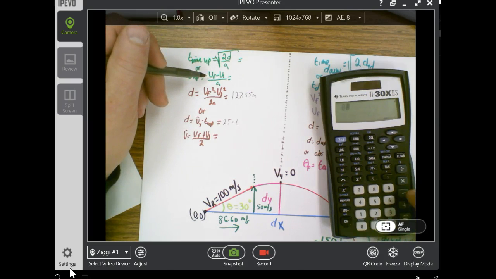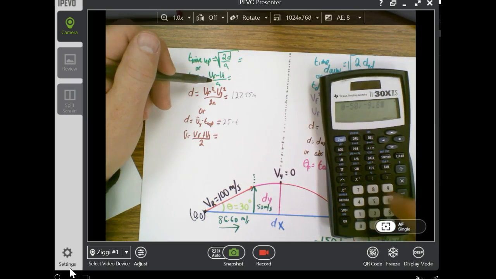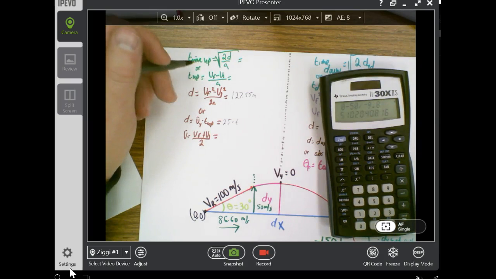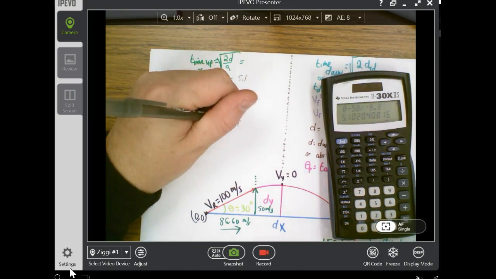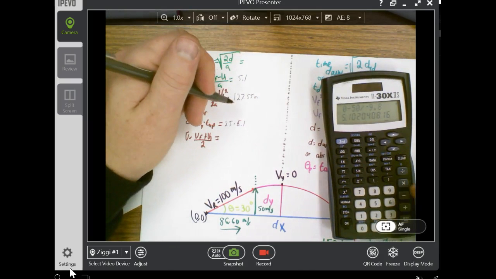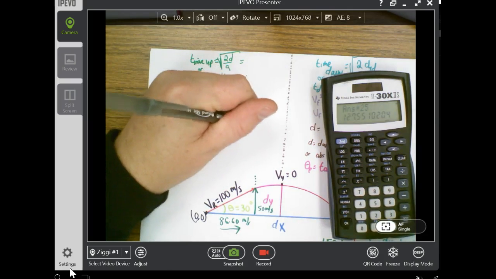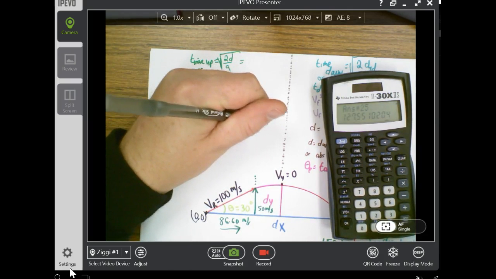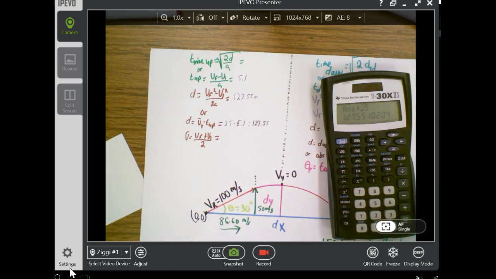So it would be 0 minus 50, or minus 50, divided by negative 9.8, 5.1. So this is 5.1 seconds. I could then put 5.1 here times 25, and I get 127.55. The point I'm trying to make is you can do some of these things more than one way.